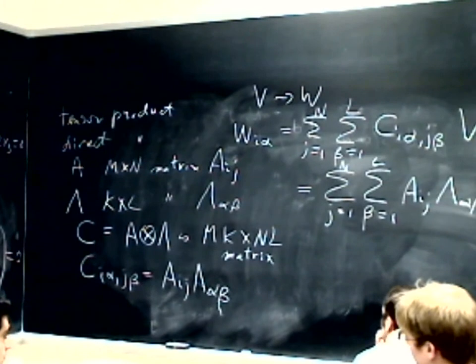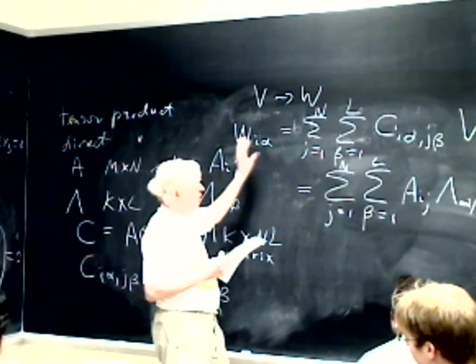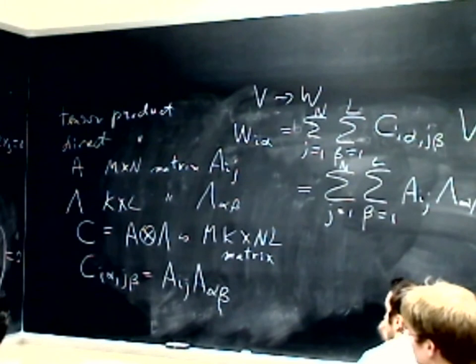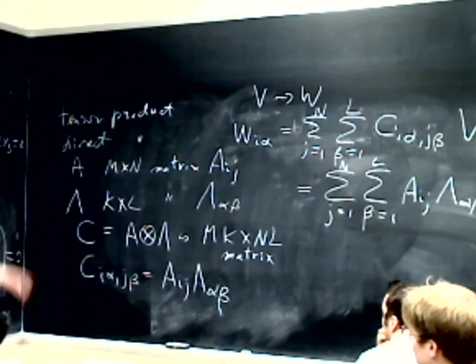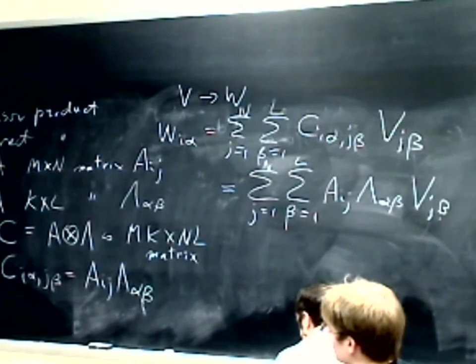So that's basically how it works. Now, of course, the most important case is when all these matrices are square. In quantum mechanics, at least, and in physics in general, we normally have square matrices. The key idea is that it's a product of two operators that act on two different spaces.